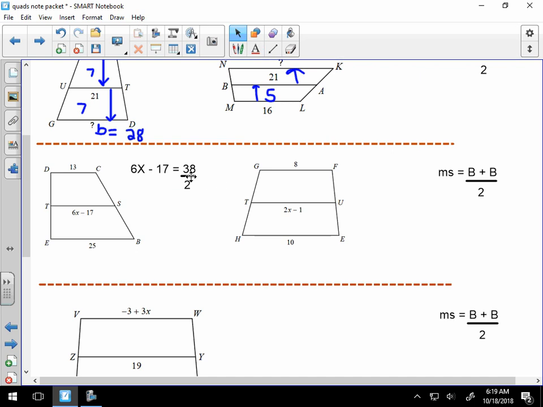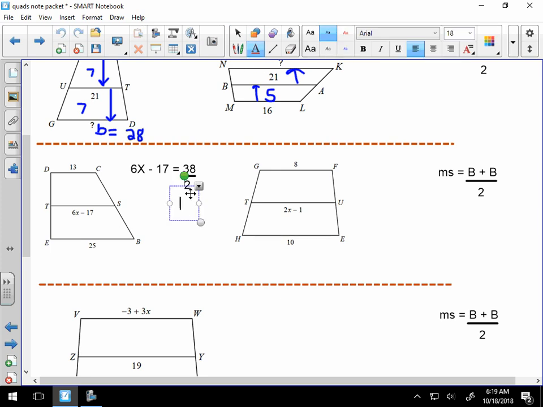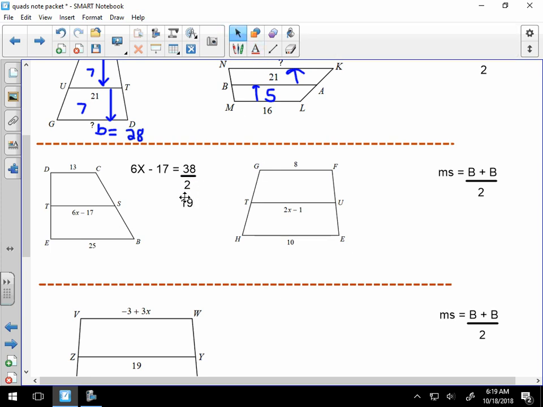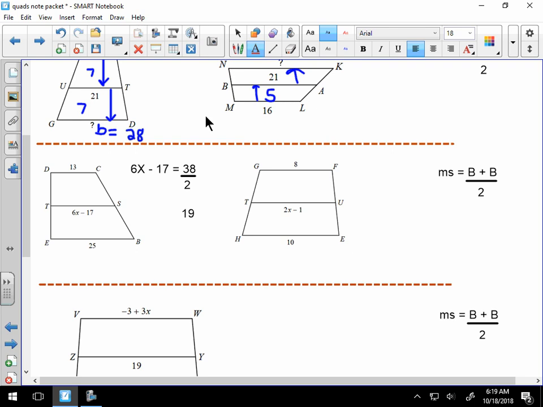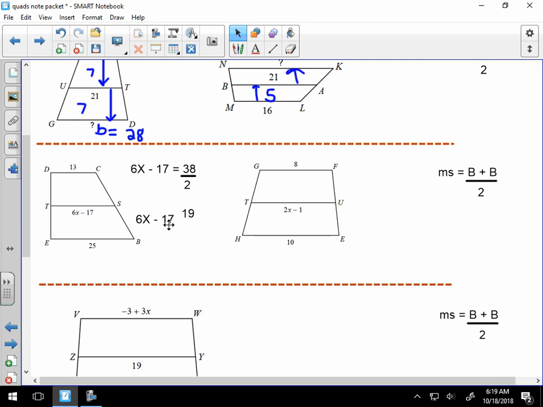Alright, so what I'm doing here is I'm following this formula. So to make this pretty easy, all you do is take 38 divided by 2 and make it 19. Alright, and then just drop this down and set it equal to. So here is your final two-step equation. Alright, then you'll just add this 17 divided by 2.